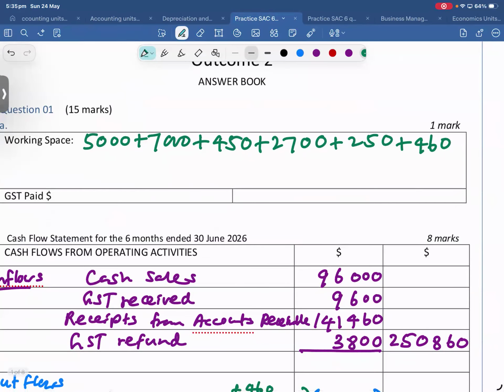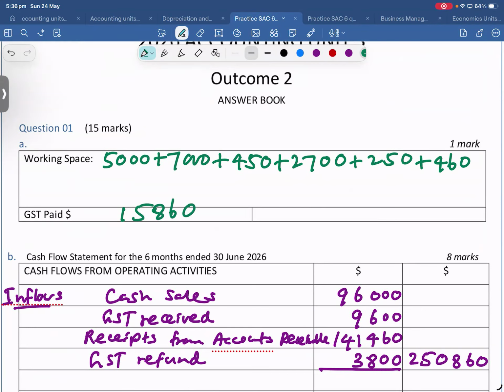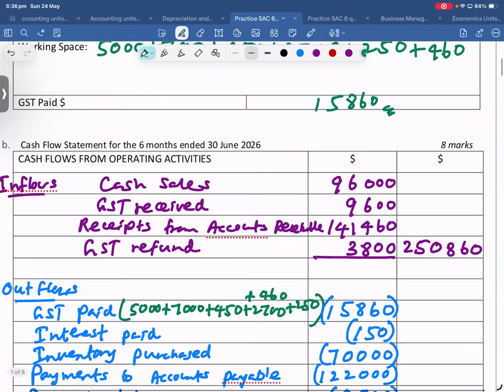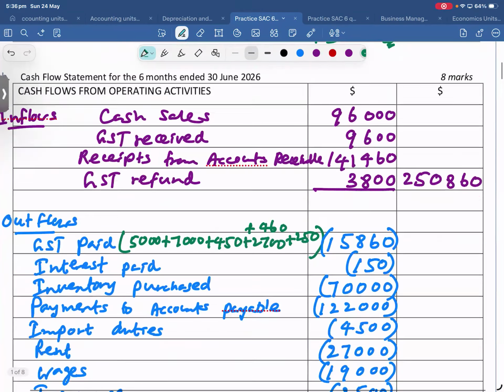GST paid, I'm getting 15,860. Yeah, that's GST paid. Actually, it should be in here, whichever, it doesn't matter. 15,860. And then it's a matter of adding, guys. My net cash flows from operations is 14,750.